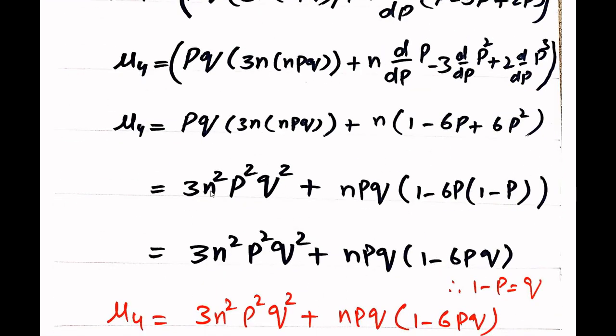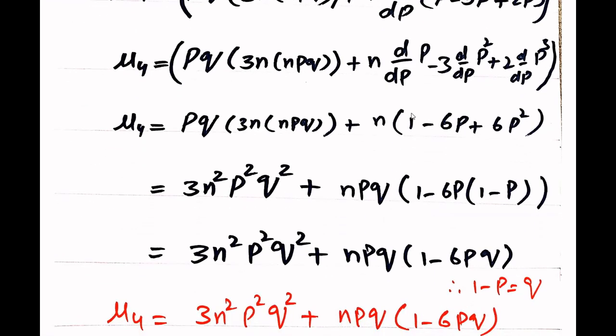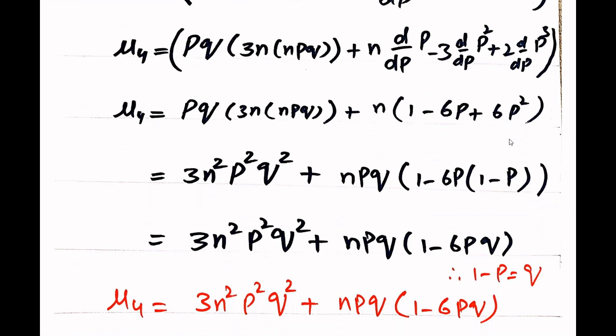3 n square p square q square plus 1 minus 6p minus 6p square.